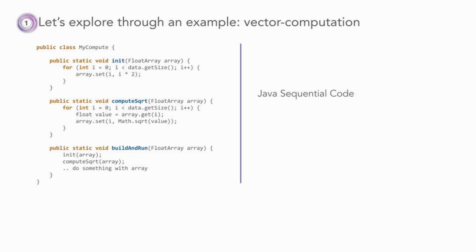The second thing to notice before we jump into the parallel solution is that each of the methods, init and compute square, returns void. This is on purpose because we already prepared this for Tornado. This is an intentional choice, and the reason is that TornadoVM will offload the entire method to run in parallel on the target device, for example, a GPU.